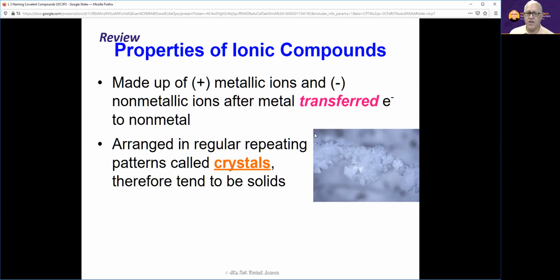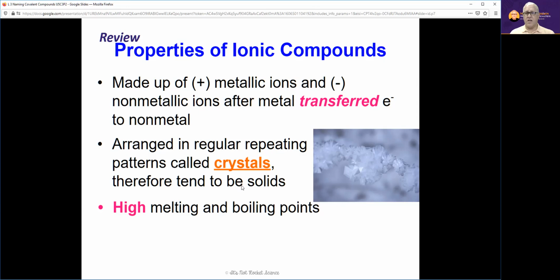And they're typically arranged in a repeating pattern called crystals or a lattice image. And therefore, they tend to be solids. So your ionic compounds can also be crystals. And they have very high melting and boiling points.